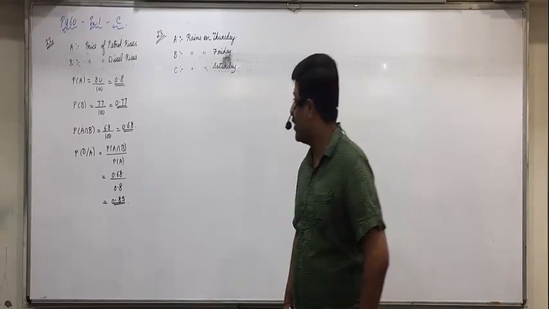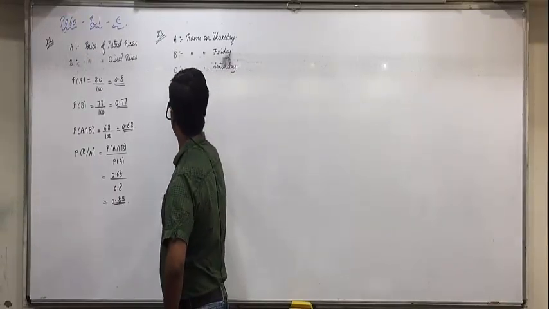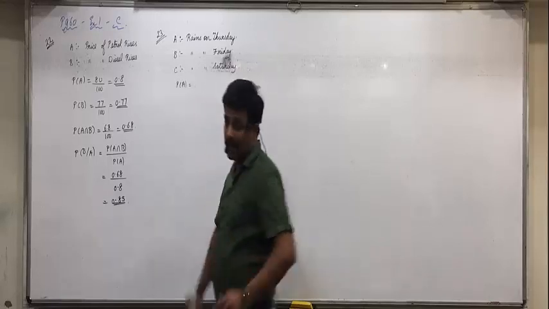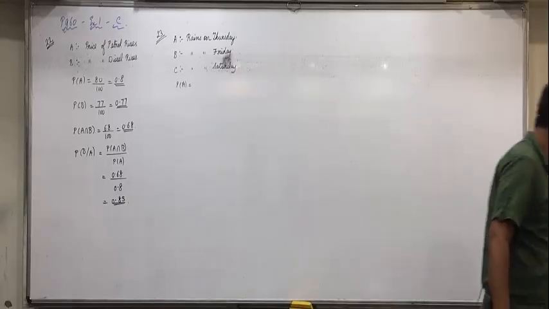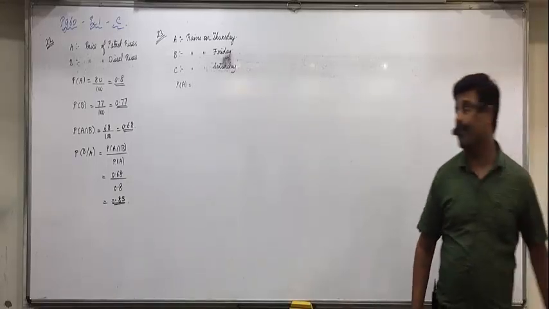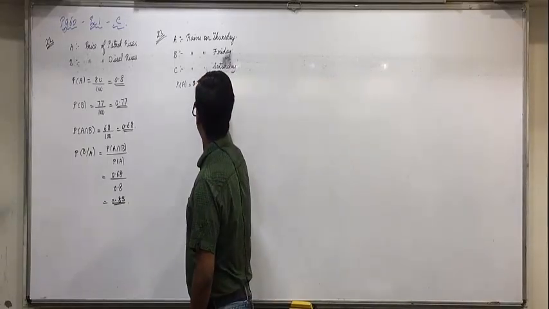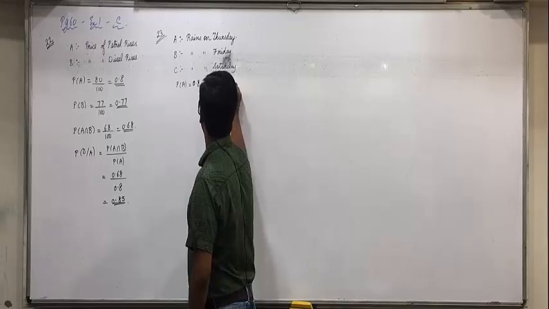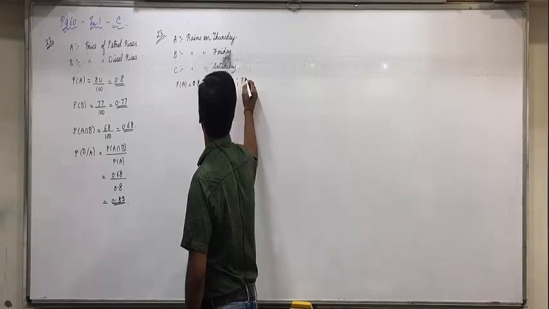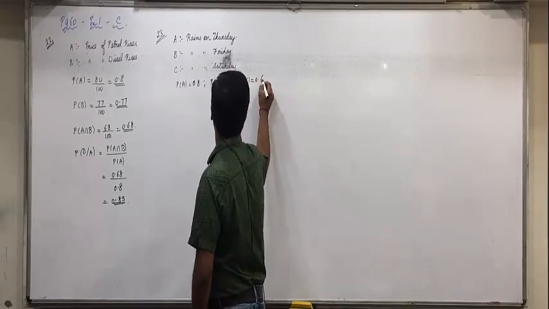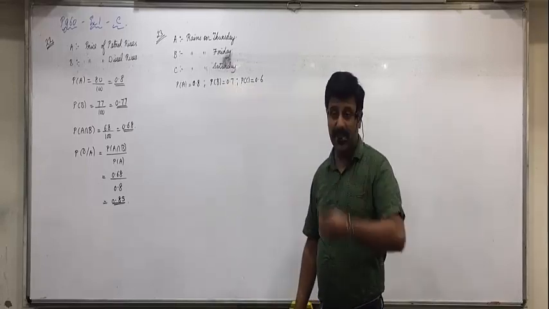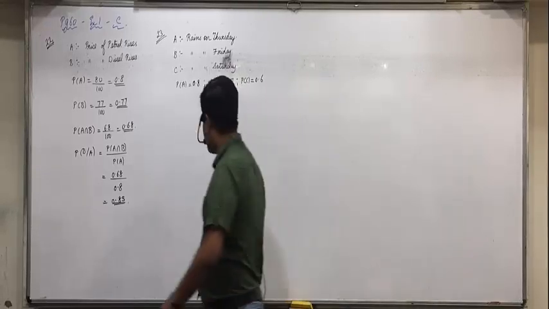Is everyone clear with this? Now P(A) is given directly as 0.8, P(B) is given directly as 0.7 and P(C) 0.6. So as I said, first we'll find all the intersections.